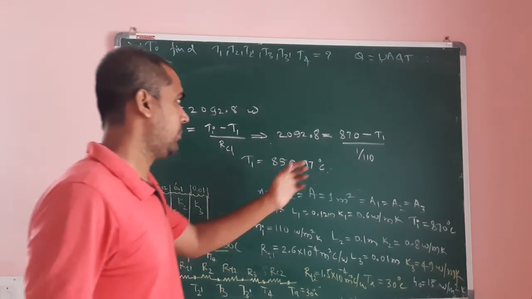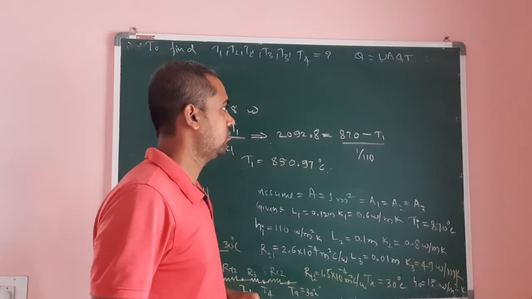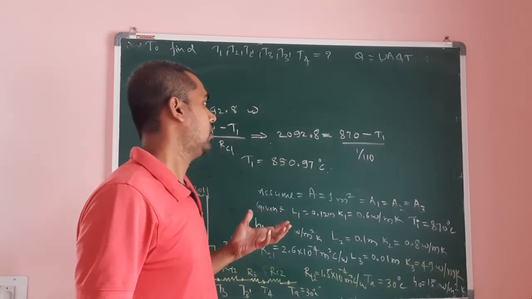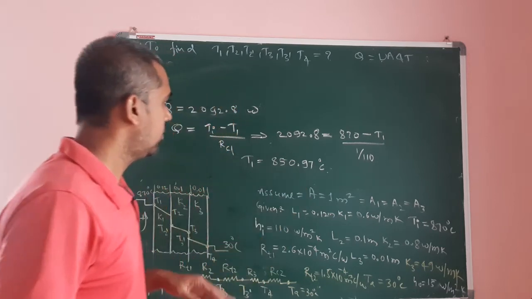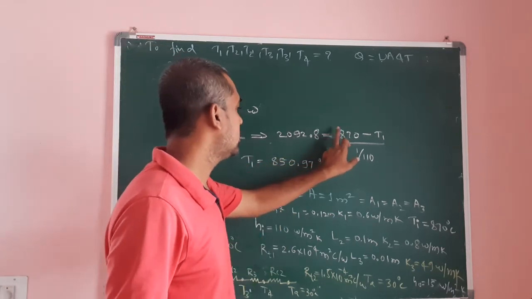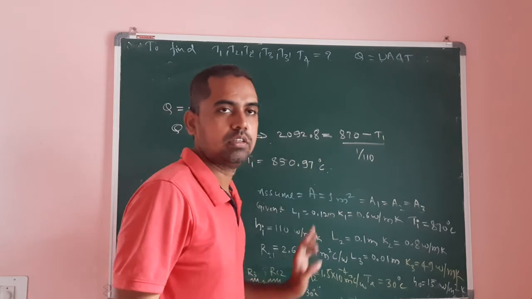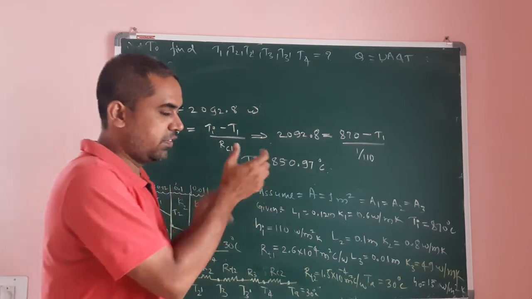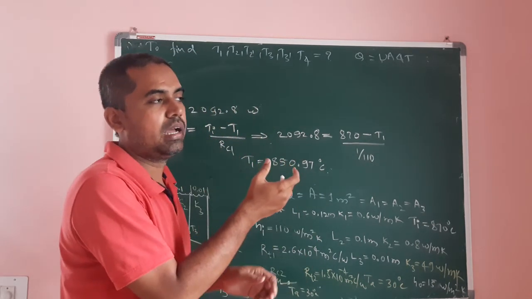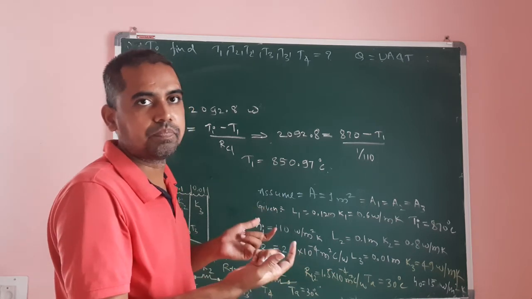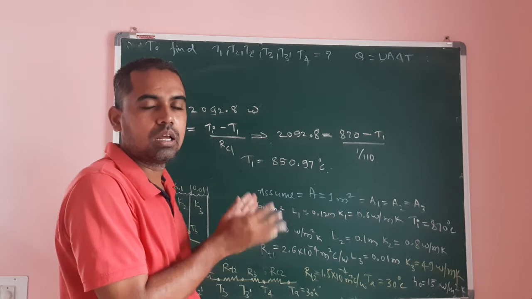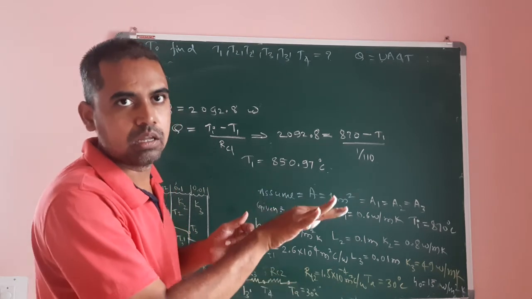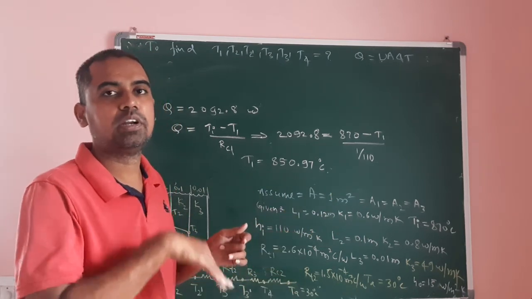Keep in mind, whenever there is a difference in temperature, the answer will be in degrees Celsius because we substituted in degrees Celsius. We can write it either in degrees Celsius or in Kelvin, because there are 100 divisions, not 180, in both the Celsius and Kelvin scales between the ice point and steam point.